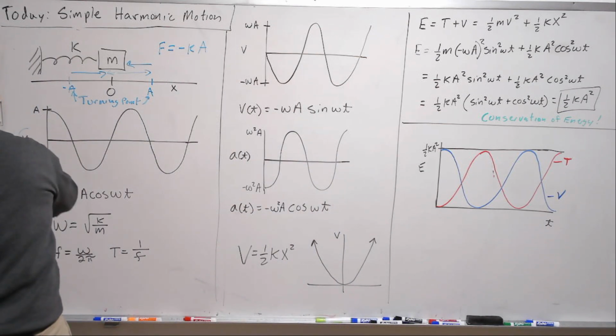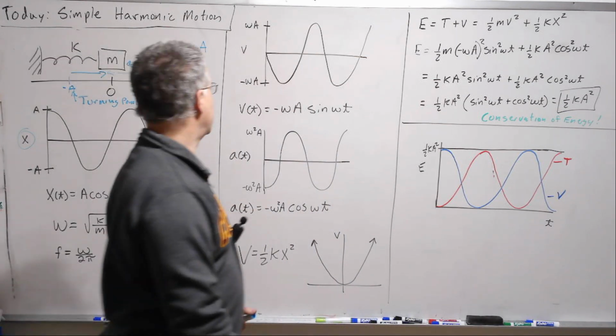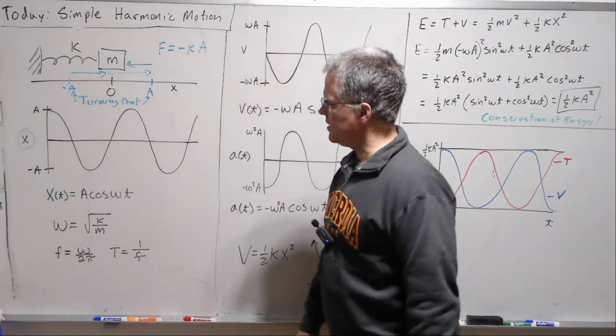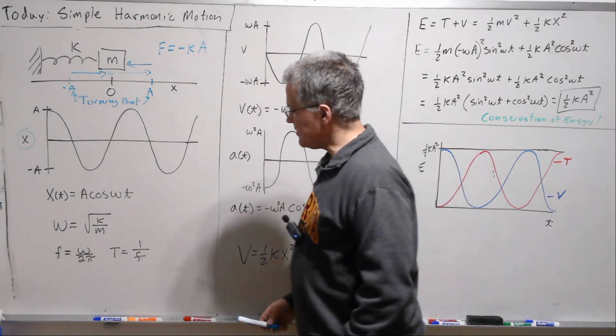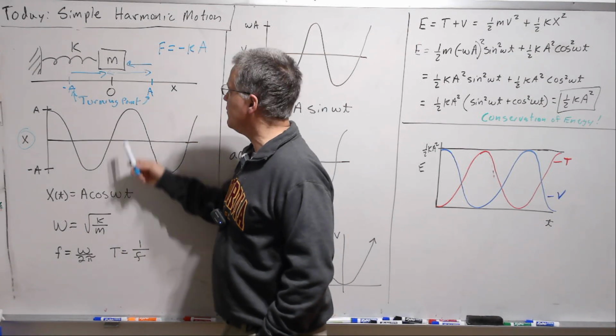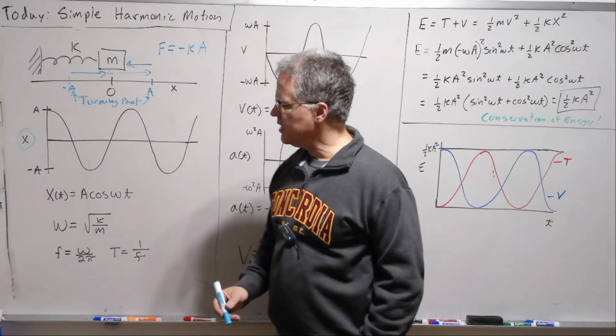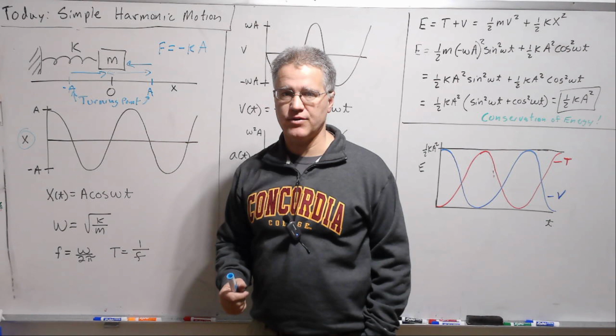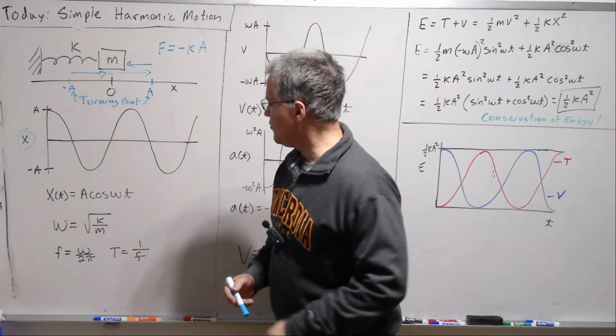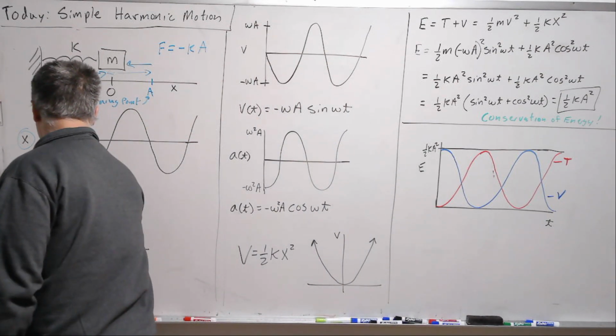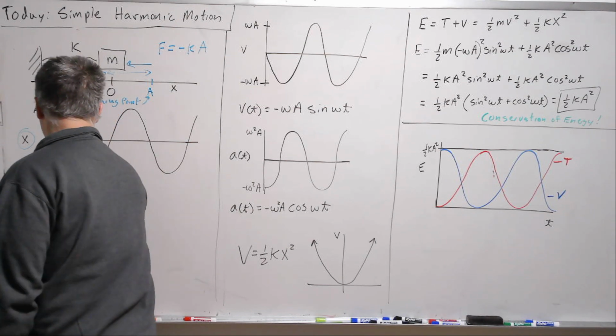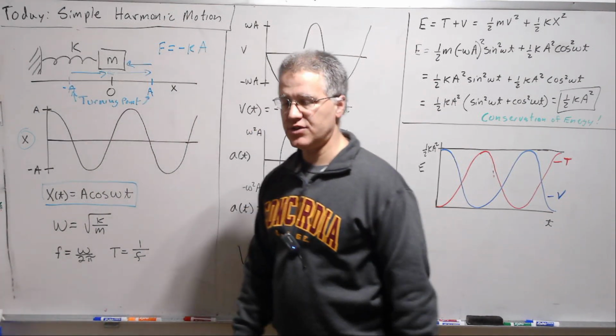Let's capture what we just said in words. And as it turns out, if we work out Newton's laws, which would require some differential equations, we will come up with the solution that the motion is cosinusoidal.